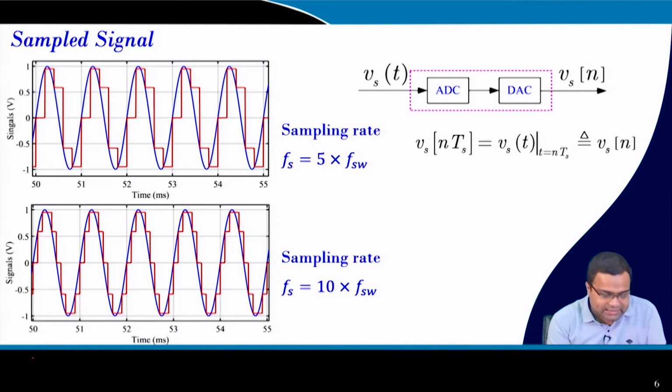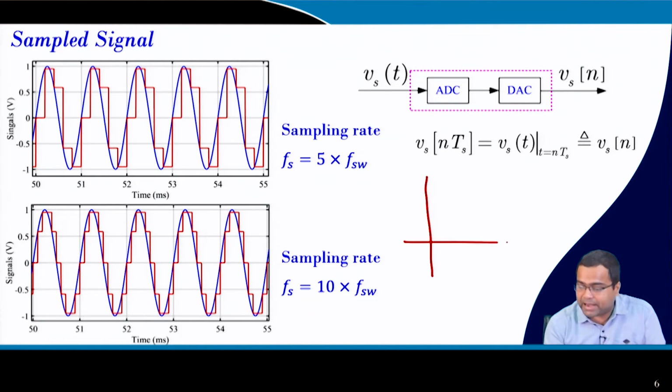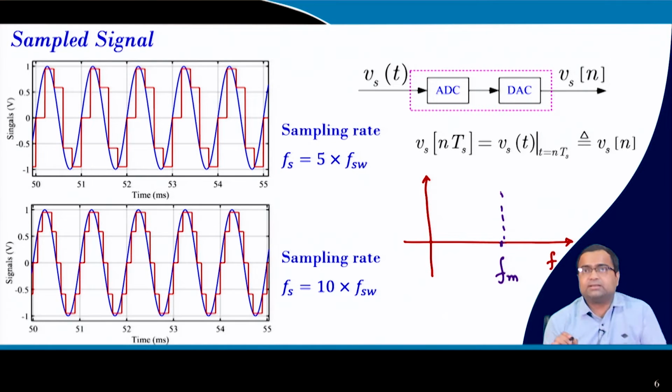So, as a result, after sensing the signal, we will get something like a band limited signal. If this is my frequency spectrum, and this is my nominal frequency, my modulating frequency, in the perfect case you should have got only a single frequency component, but in reality you will get something like this.